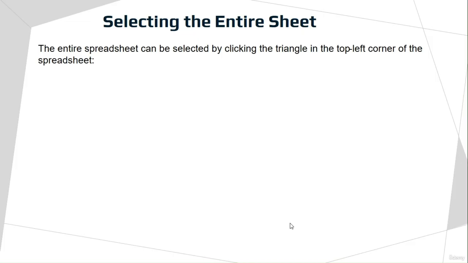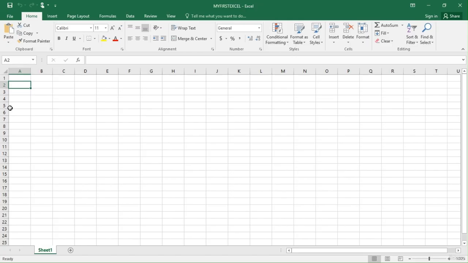Selecting the entire sheet. Another operation we have is selecting the entire sheet. The entire spreadsheet can be selected by clicking the triangle in the top left corner of the spreadsheet. Let's take a look at this again. To select the entire sheet, this is a triangle, highlighted.